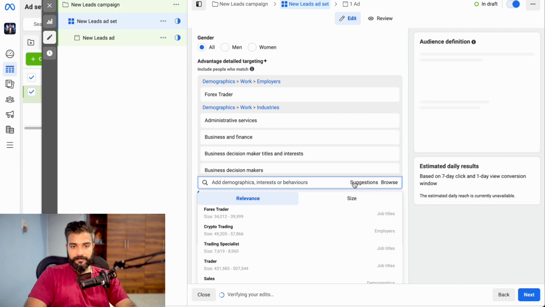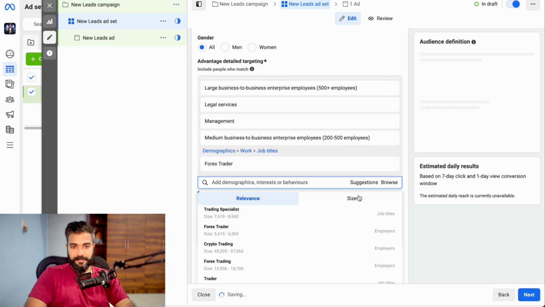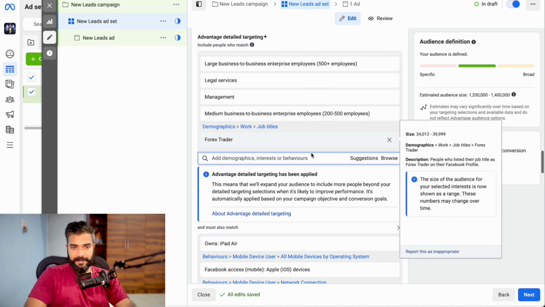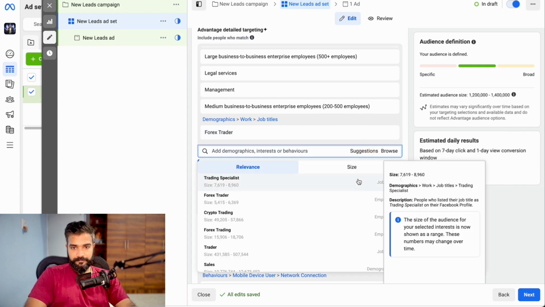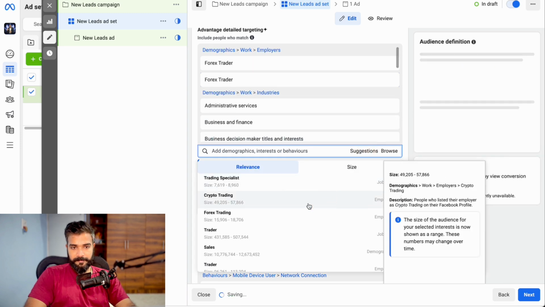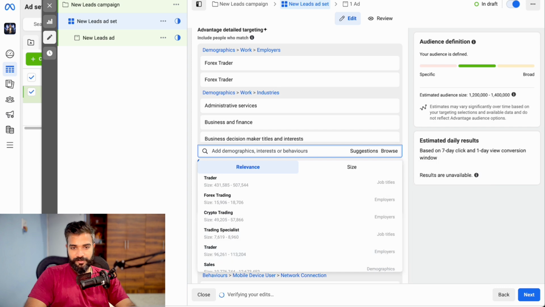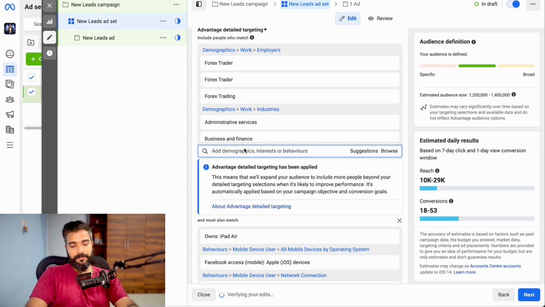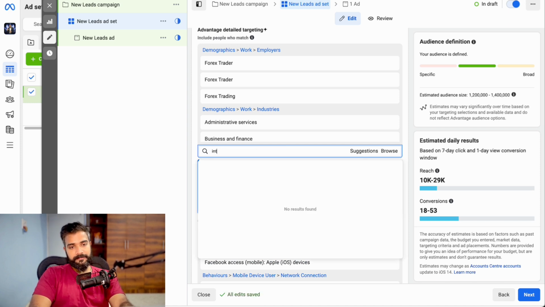employers and we can go for job titles. Crypto trading is another, right? So again, employers, job titles we have added. It's a pretty small, very, very niche sort of a thing, right? We can go for day, intraday traders. You can find those, I guess.